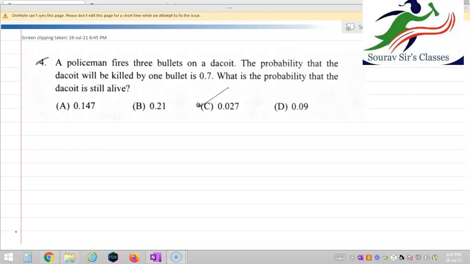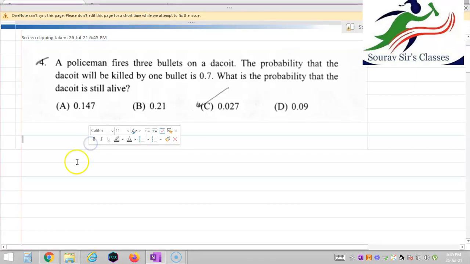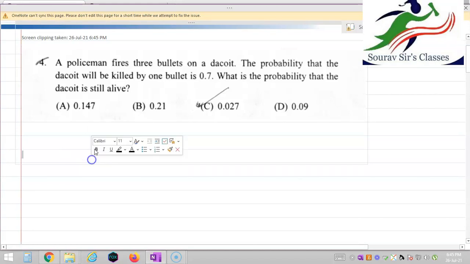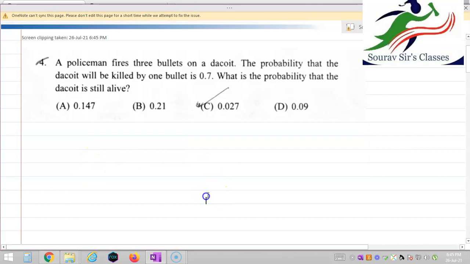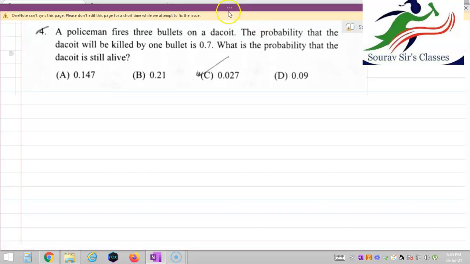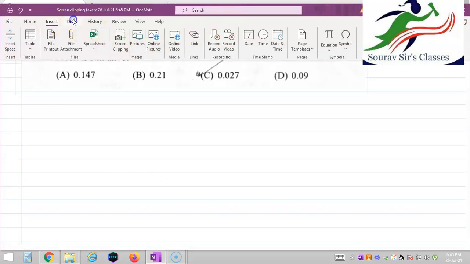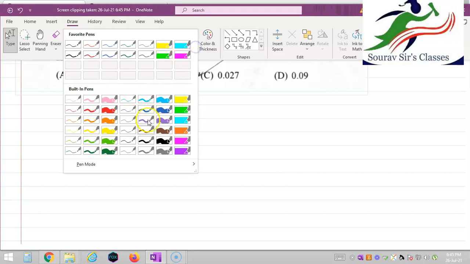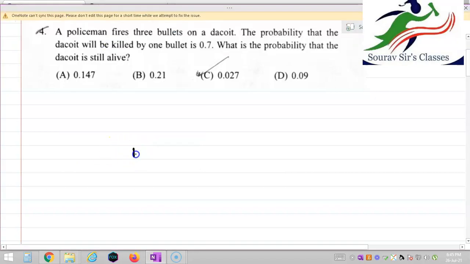I am writing the event K is equal to dacoit will be killed.